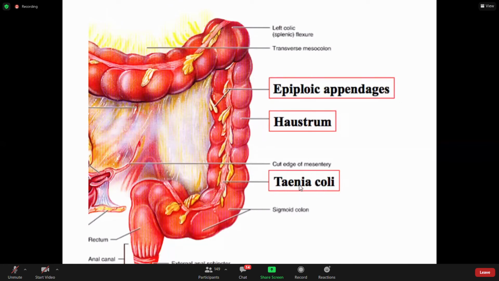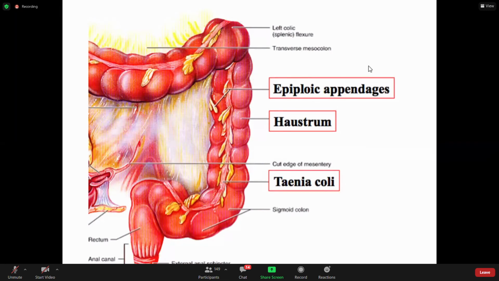Yes, these three cardinal features will be there in the large intestine. The presence of Taenia coli, which are the band-like fibers of the longitudinal muscle coat of the large intestine, now concentrated only at 3 points rather than encircling the whole wall. Because of the Taenia coli, there will be sacculation or haustration, and the visceral peritoneum at some places holds a good amount of peritoneal fat, and these are termed the epiploic appendages or appendices epiploicae.